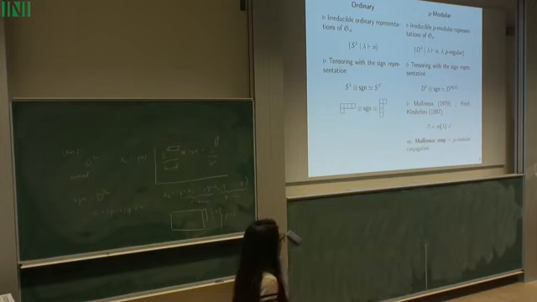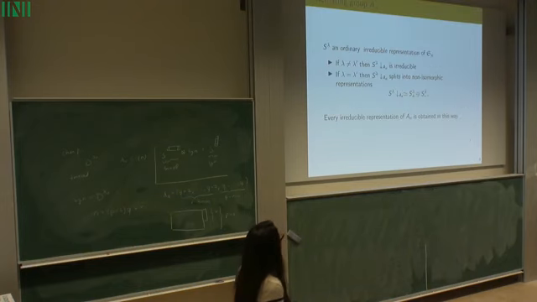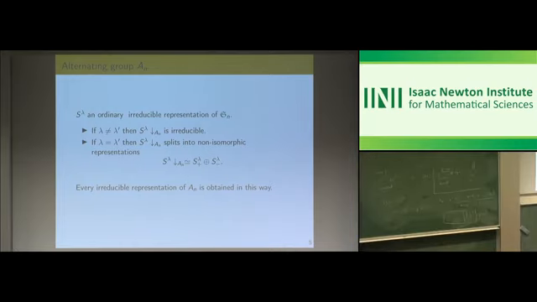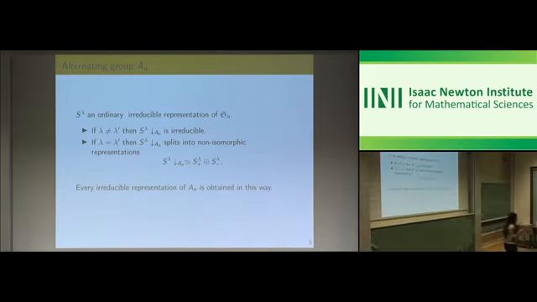Okay, so this is a difficult map, and why are we interested in understanding it? This is because, by Clifford theory, we already saw this theorem before in the workshop, we can obtain every representation of the alternating group by restricting all representations of the symmetric group. So how does it work?